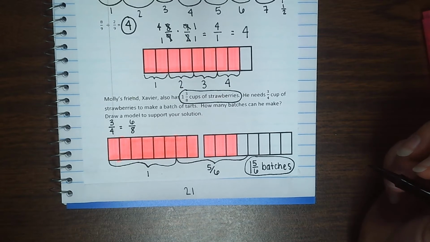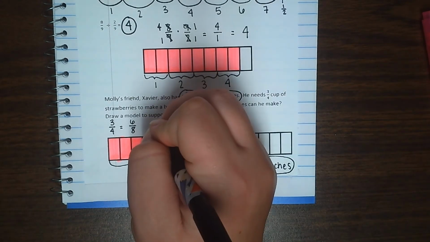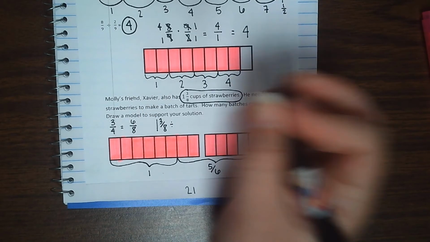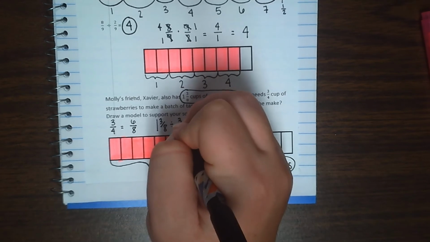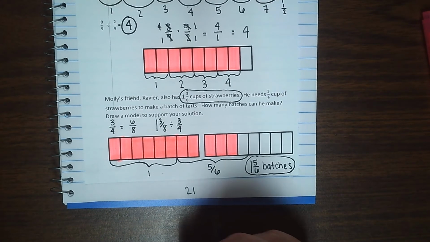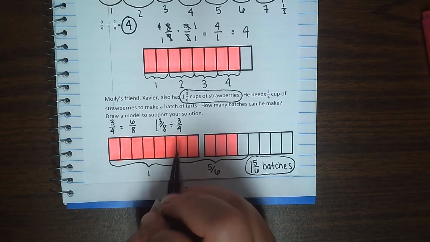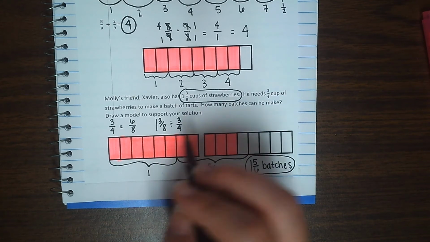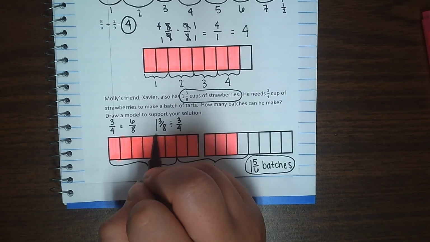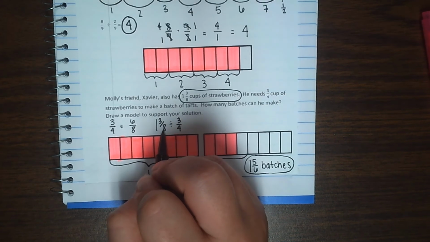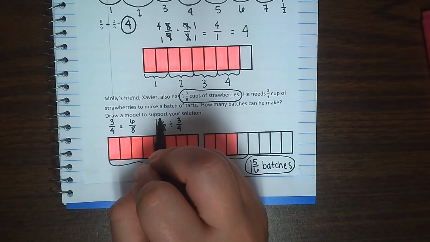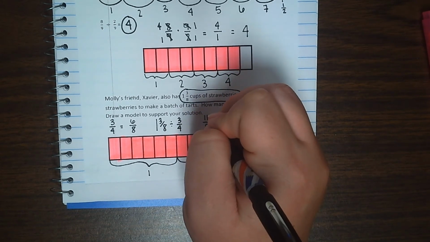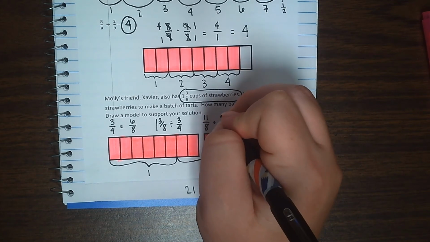Now, of course, I want to prove this mathematically. We were taking 1 3/8 and dividing it by 3/4. Remember, we can't actually divide fractions, so we have to change it to multiplication and flip to the reciprocal. So I'm going to make this a mixed number an improper fraction. 1 times 8 is 8. 9, 10, 11. 11 eighths. Change to multiplication. Flip to our reciprocal.